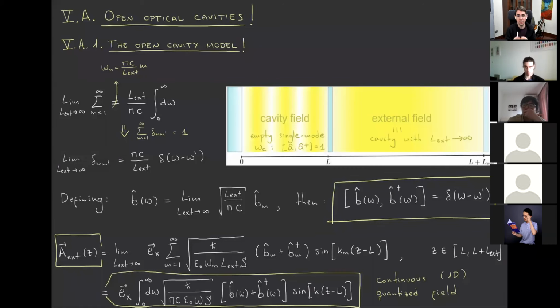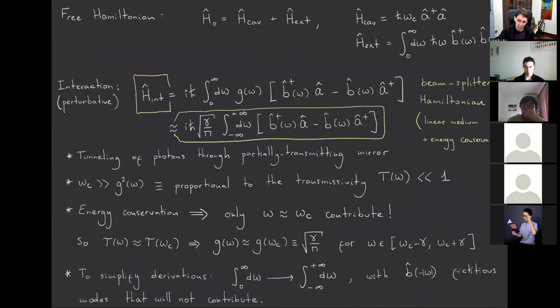And therefore, at the end of the day, you can still make the approximation that you extend from minus infinity to plus infinity, but in reality, you will be only interacting with a bandwidth that is around the cavity frequency, okay? And for another cavity frequency, those modes around that cavity will not be effectively interacting with the modes of the other resonance, okay?